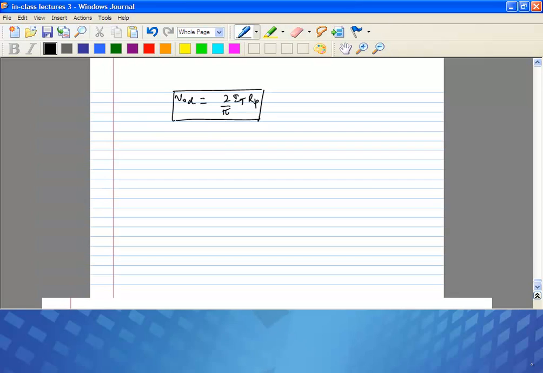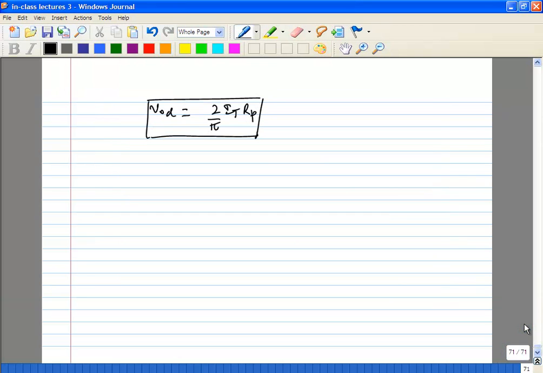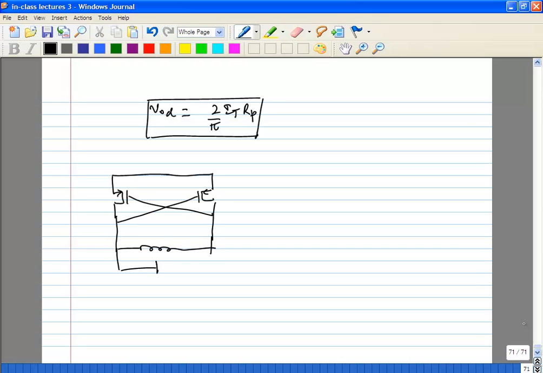The other kind of popular topology is a current reuse topology. Effectively what you are doing is you are reusing the current.